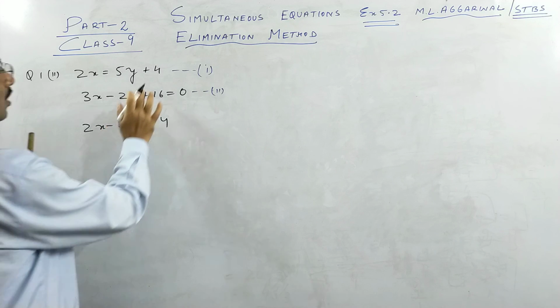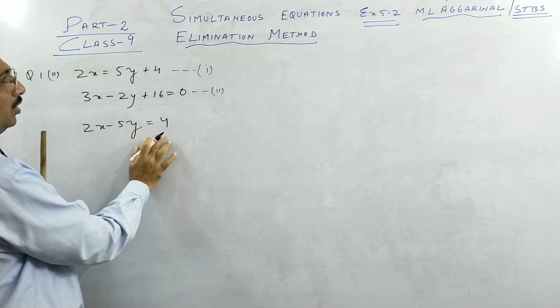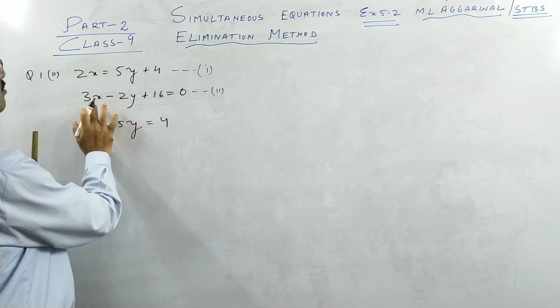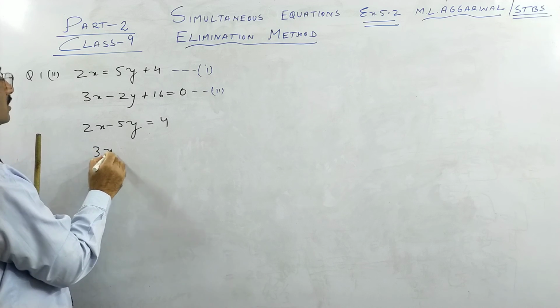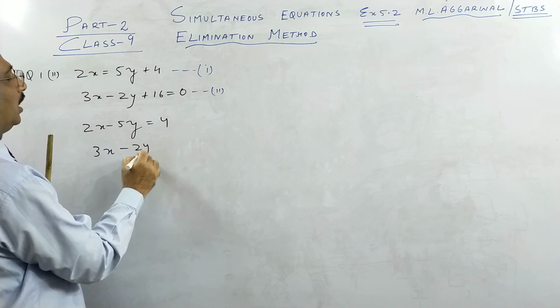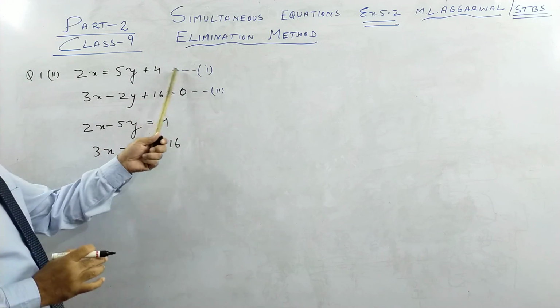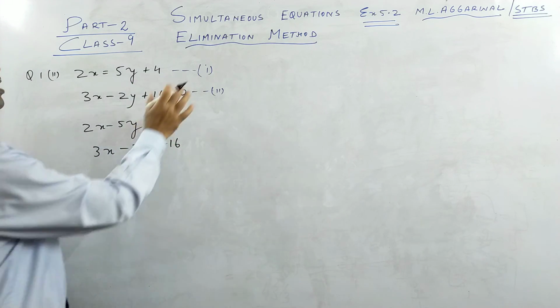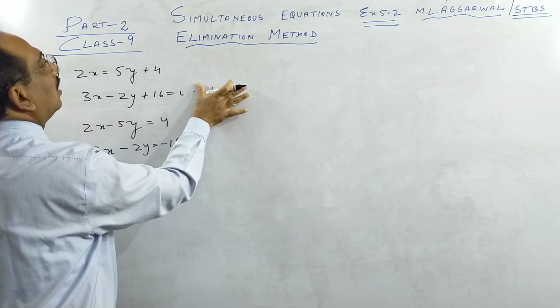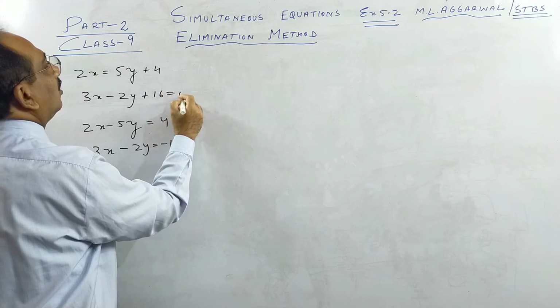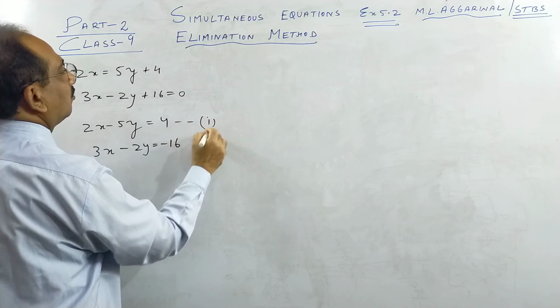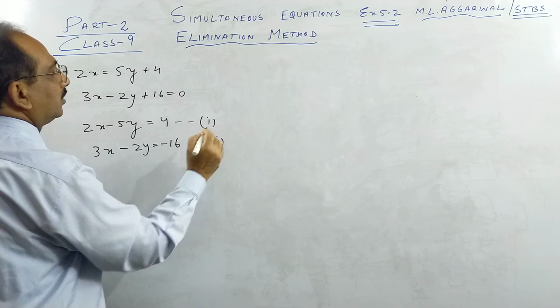x, y equal to a number. Second one, in the same way you will see 3x minus 2y is minus 16. So rather than calling these two equation 1 and 2, I will go down and call this equation 1 and this equation 2.